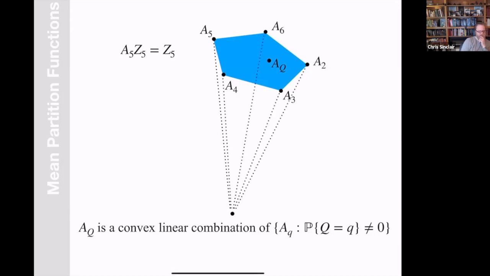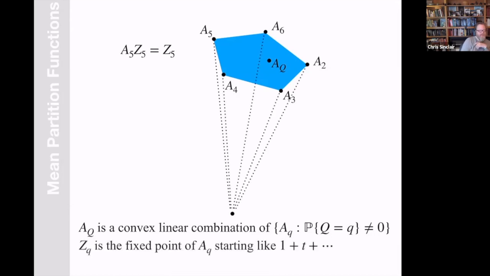And so what I think about then is, as A_Q varies over this convex linear combination, over this polytope, we have an entire family of operators, right, which are given essentially as convex linear combinations of the classic p-power operators.